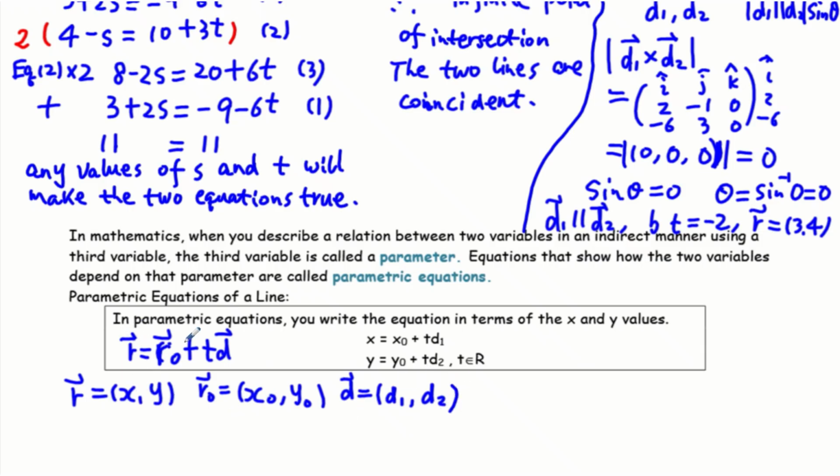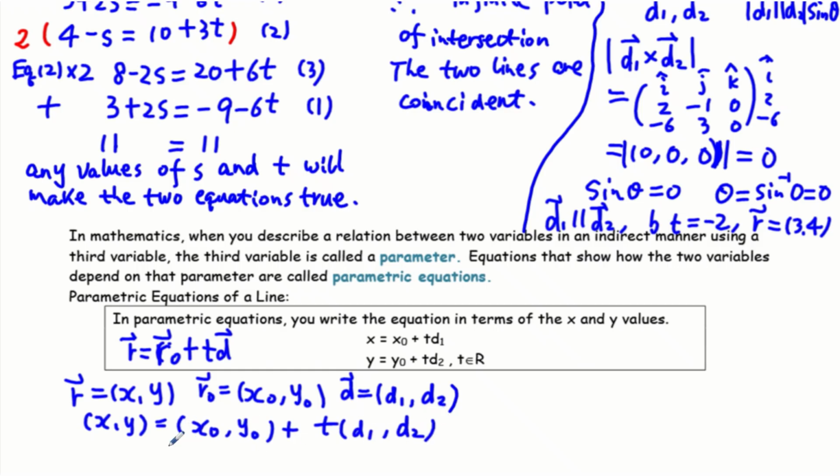We sub all this into the x direction, and you will find x equals x0 plus td1. So (x, y) equals (x0, y0) plus t(d1, d2).